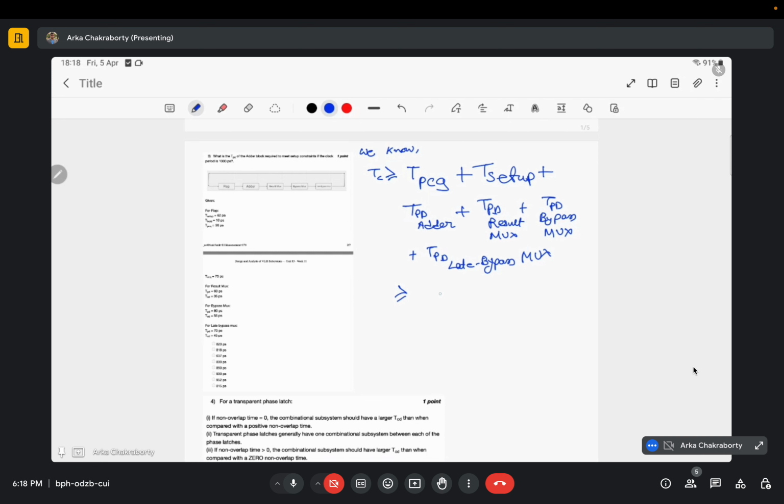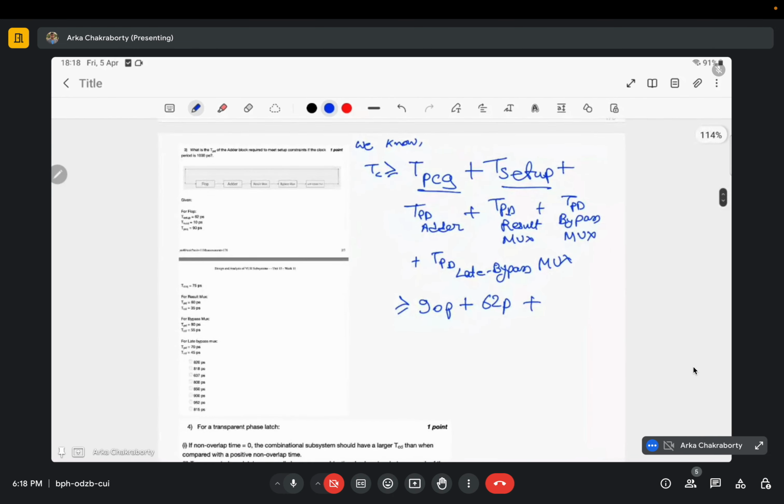TPCQ is 90 picoseconds. Setup time is 62 picoseconds. And the adder block I have to find. Let me call it TPD only, for simplicity. For result mux, TPD is 60 picoseconds. Bypass mux is 80 picoseconds. And late bypass mux is 70 picoseconds. And TC is 1000 picoseconds.